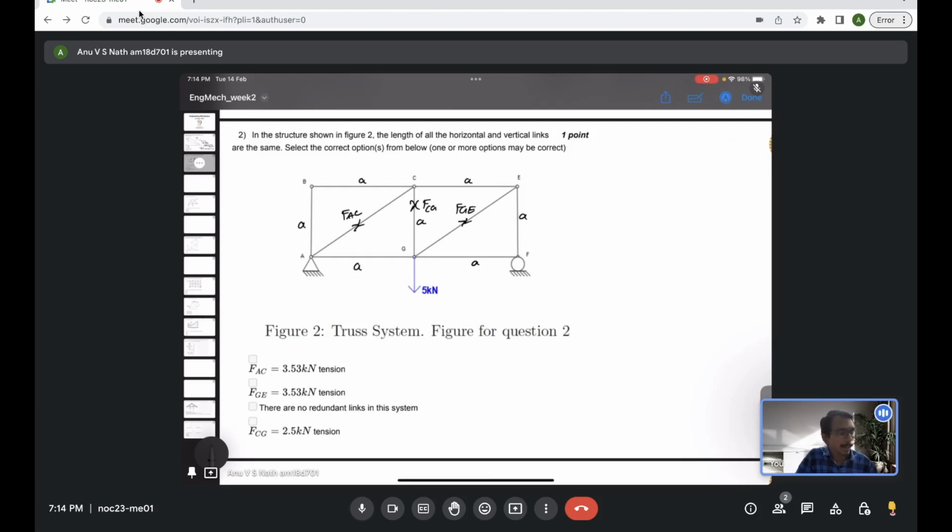At least try to evaluate FAC, FCG, FGE, and also check whether there is any redundant link in the system. Then after some time, I will explain. If anyone found any answer, FAC, GE or CG, you could put it in the chat box or inform me.